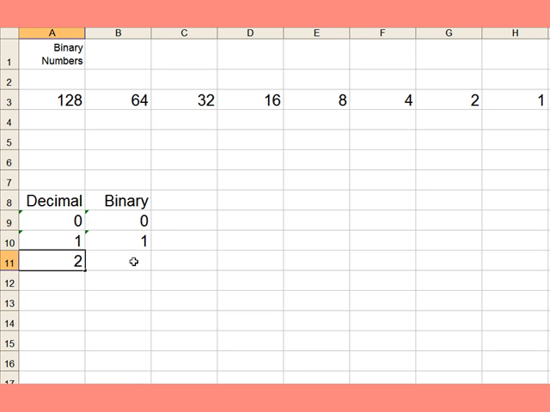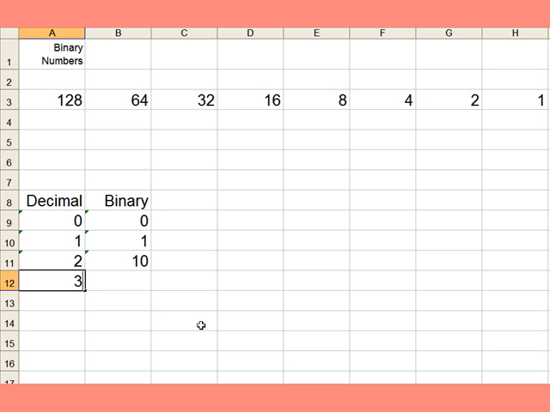In decimal, 2. We can't write a 2 here in binary because we only have the symbols 0 and 1 to work with. So go up here to your number system places and say, how would I write a 2? Well, 1 group of 2 and 0 groups of 1. So in binary we're going to write 2 as 1, 0.